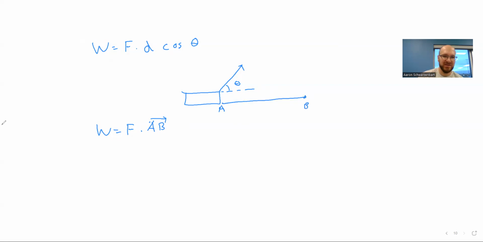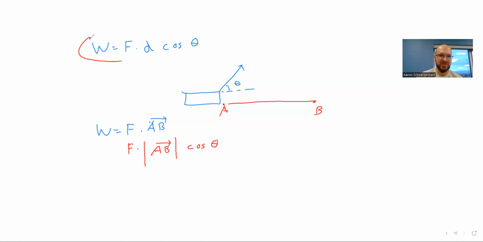Actually, let's change the color on that. My cart travels from point A. So the vector is the motion vector. You can also write it like this: force times magnitude of AB times cosine theta, which is my general form up here.